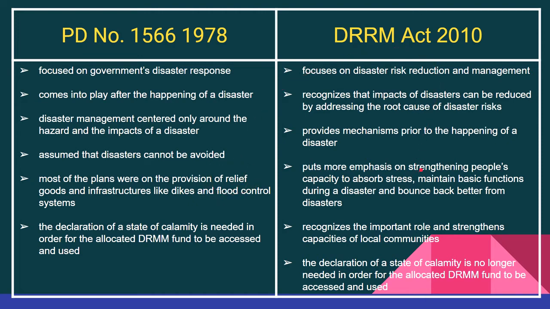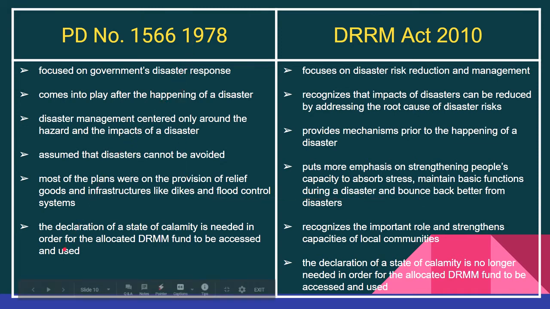While here, the emphasis is on strengthening the people's capacity to absorb stress. It strengthens their capacity to endure the disasters and to totally avoid the disaster, okay? And also to bounce back better from the disaster, so recovery.